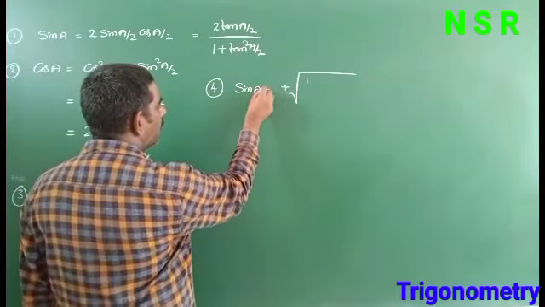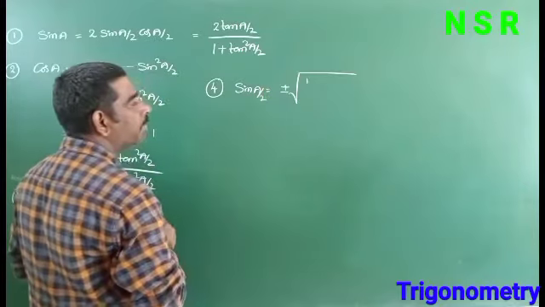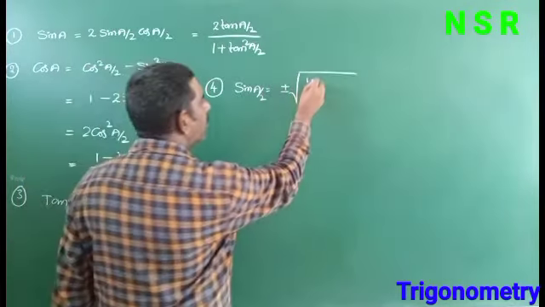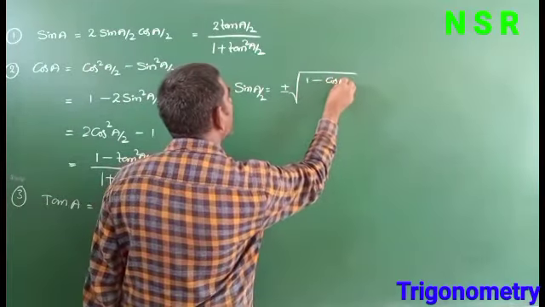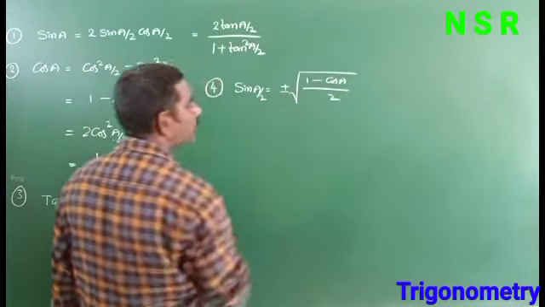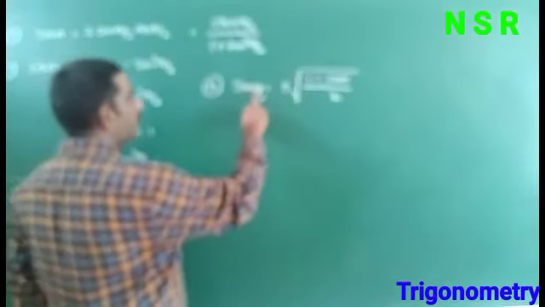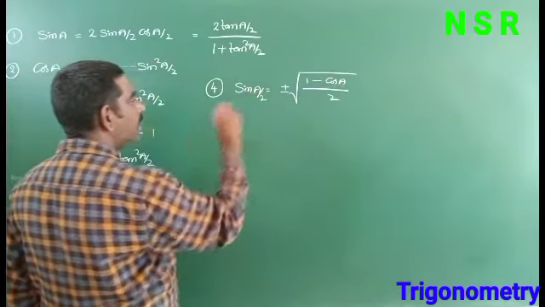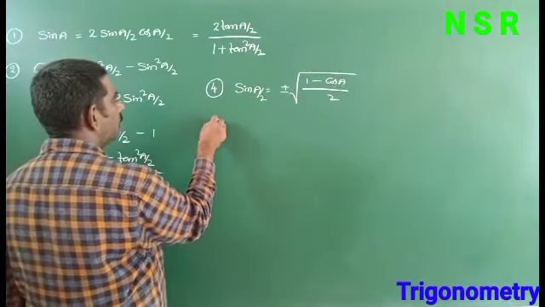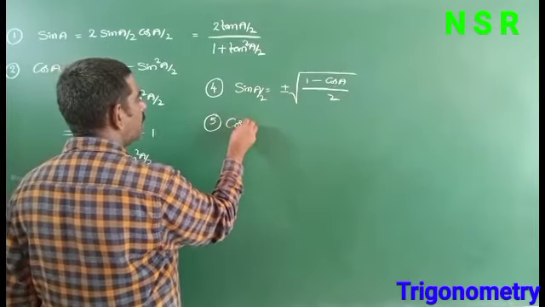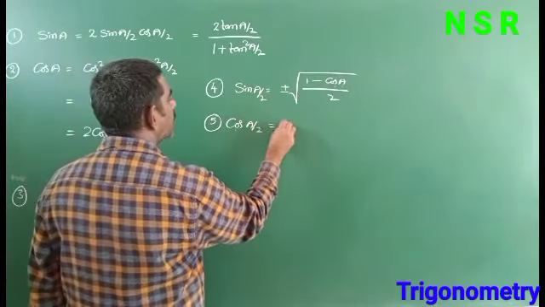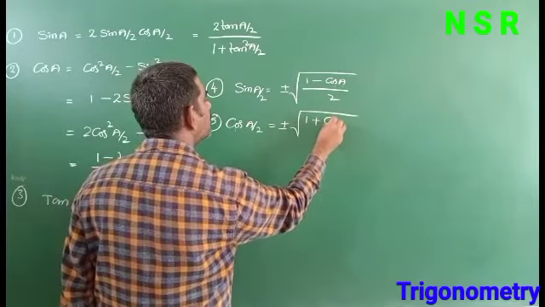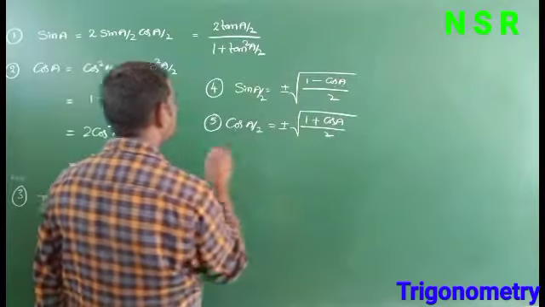Here we can write sin A/2 is equal to plus or minus square root of (1 minus cos A) by 2. So in place of 2A write A, and in place of A write A/2. Similarly, cos A/2 is plus or minus square root of (1 plus cos A) by 2.